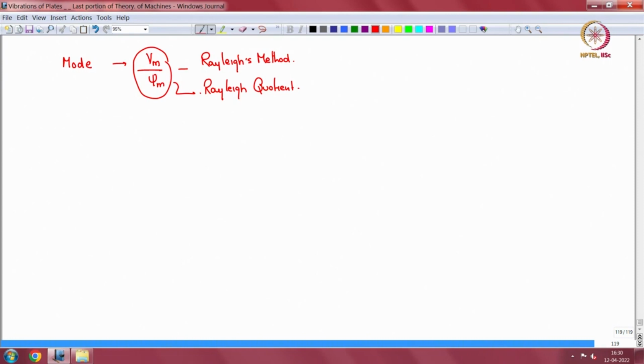Now what next? We have only been able to show that if you get the exact mode shape, you get the fundamental natural frequency.